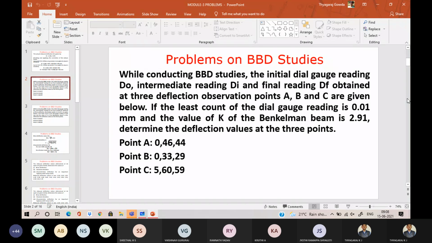So kindly inform me when it is completed so that we can go for the solution part. Completed? No, sir. Okay, write down. Inform me when it is completed so that we can go for the solution part. Simple problems. They may ask for 4 marks, this type of problem.